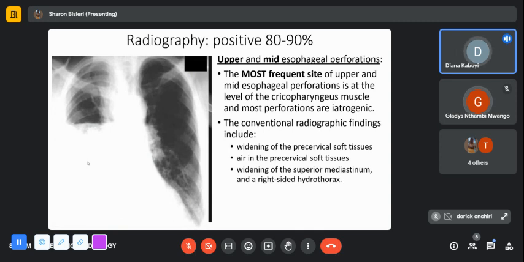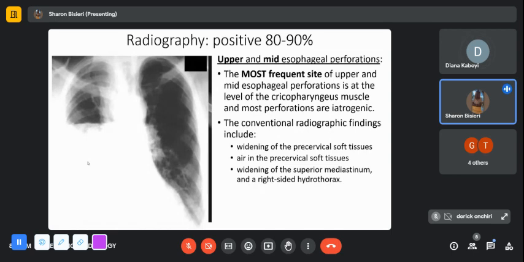Okay. We are able to see that I think the mediastinum is widened. We're not able to see the cardiac outline on the right as well. And there is, I think, an effusion on the right. Yes, we're able to see a right-sided hydrothorax.